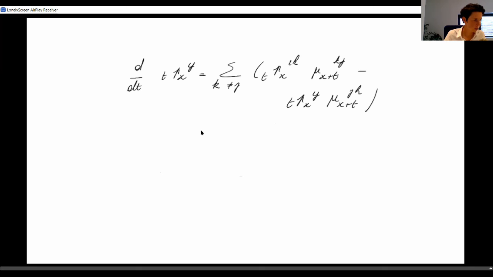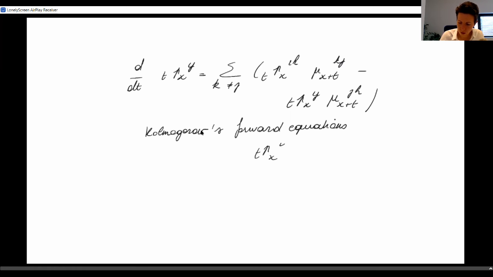And this is what we call the Kolmogorov forward equations, that will allow us, if we can solve this set of differential equations, to come up with an expression for general transition probabilities of this type in any multiple state model.